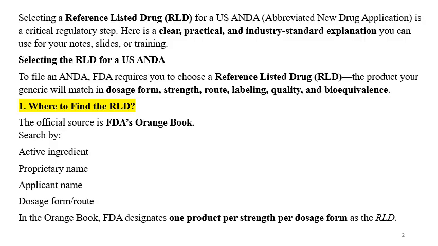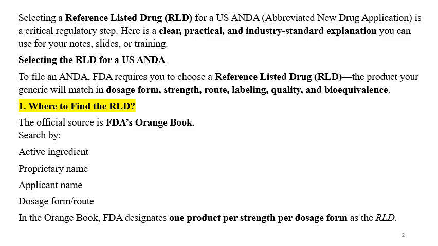So whenever you are developing a formulation or generic application, that is ANDA for US market, where you will find the RLD? The official source is FDA's Orange Book, and in this Orange Book you can search by active ingredient, proprietary name, applicant name, dosage form, route. So these things you can try and search.